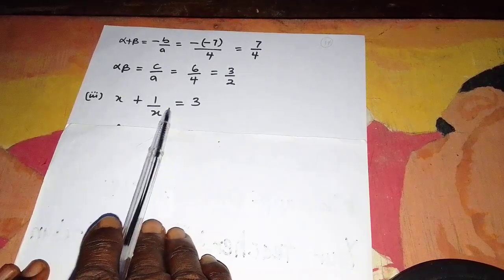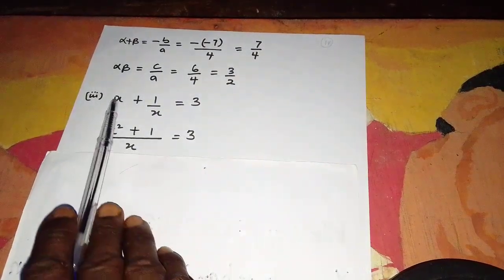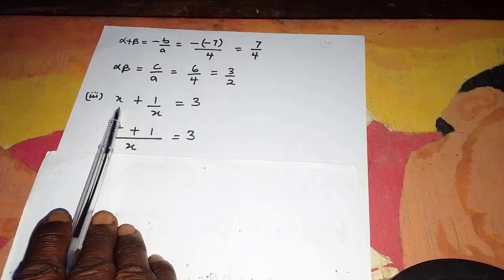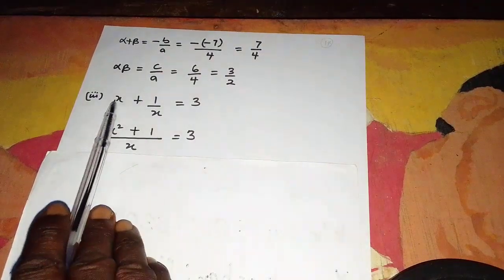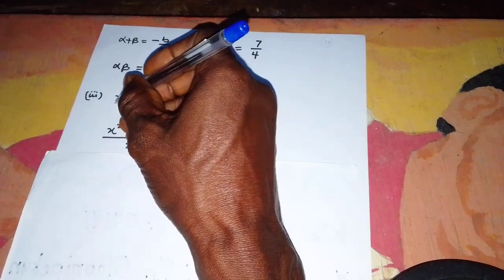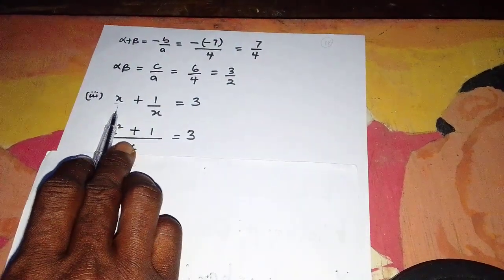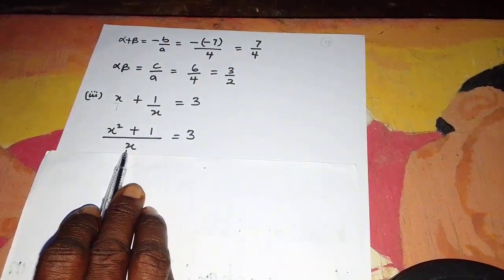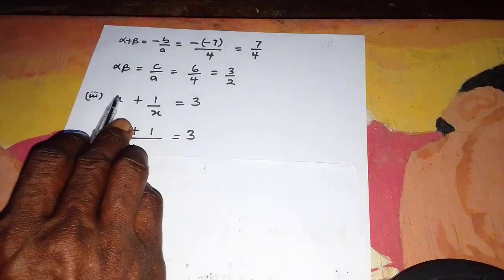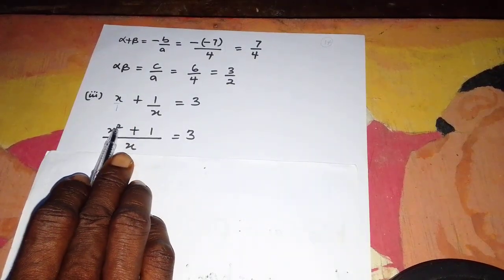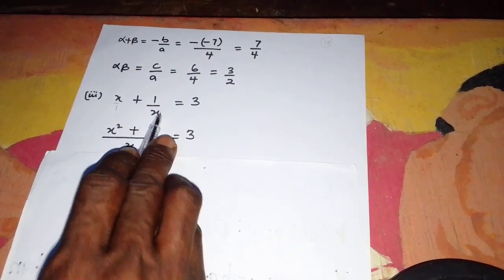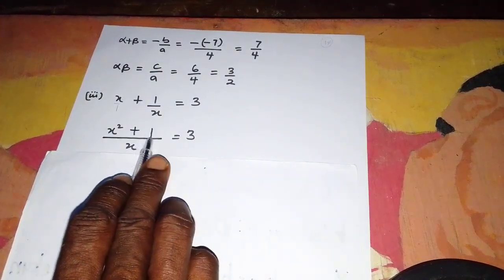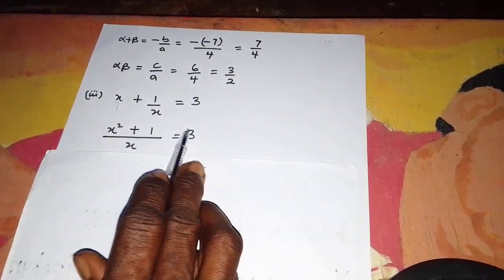Treat these two as a fraction. The LCM of 1 and x is x. So how many 1 are in x? We have x. x times this x will give us x squared, plus how many x are in x? 1. 1 times the numerator here gives us 1, is equal to 3.